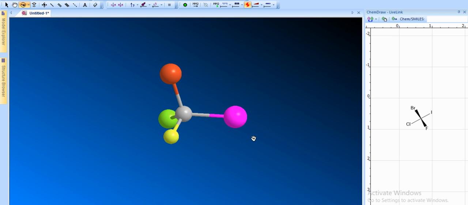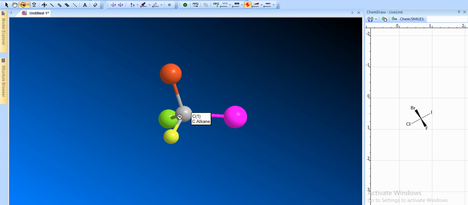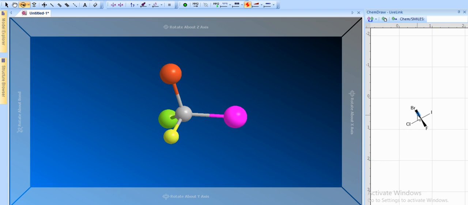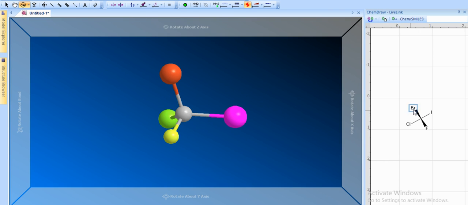So this is the structure of a molecule. Basically the carbon in the center is the chiral carbon. Why is it chiral? Because it has four different groups. See, bromine, iodine, chlorine, fluorine.